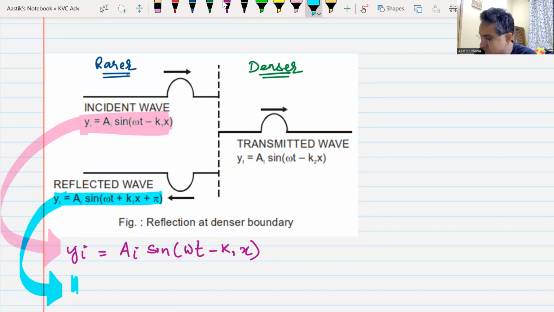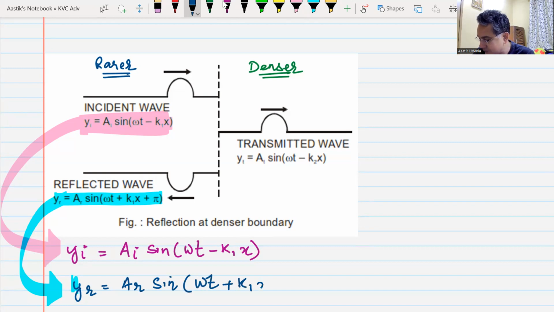YR will be equal to AR sine of omega t plus k1x plus pi. Do we understand this? Yes, sir.